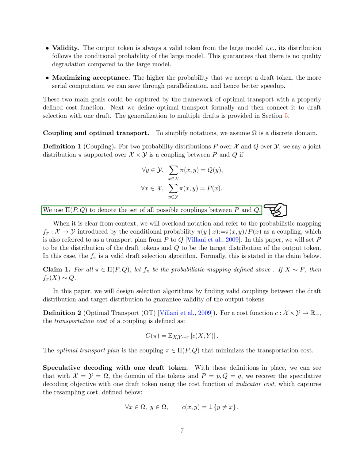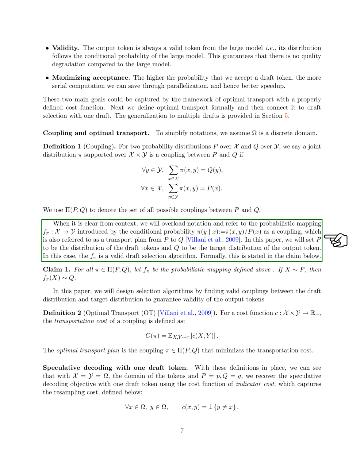For every element y in Y, the sum of pi(x, y) over all x in X equals Q(y). Similarly, for every element x in X, the sum of pi(x, y) over all y in Y equals P(x). We denote the set of all possible couplings between P and Q as Pi(P, Q).